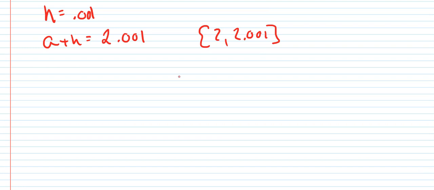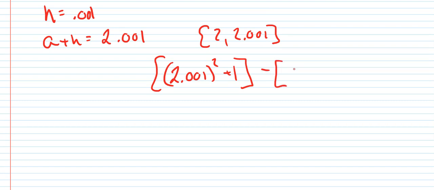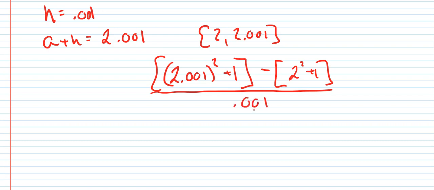Well, going through the same process, we're going to have 2.001 squared plus 1 minus, and this part is not going to change. It's still going to be 2 squared plus 1, which will be 5. But now we're dividing it by 0.001. Again, you can go to Desmos to figure out what 2.001 squared plus 1 is, but it ends up being 5.004001. Now you're going to want to keep this out to as many decimal places as possible, and you'll see why.